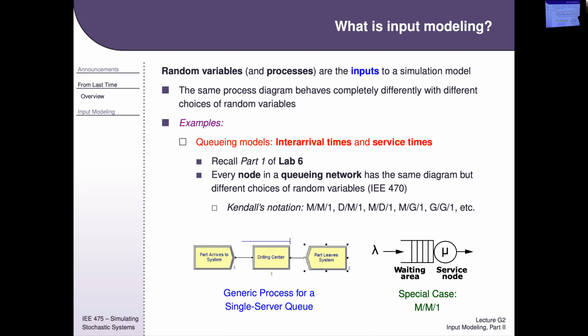So if you think about part 1 of lab 6, I had you have a create block and 2 process blocks and then a dispose. And I just had you choose different distributions for interarrival times, or for processing times in those 2 blocks.